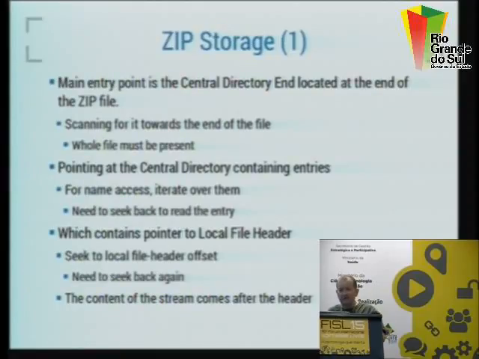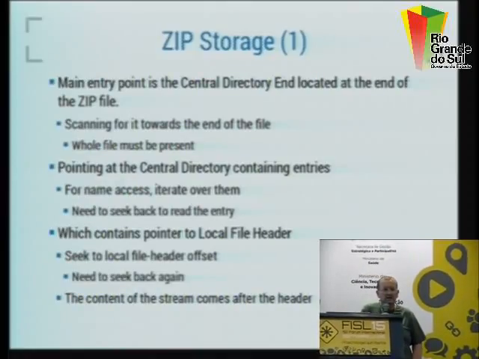So the central directory end is pointing to the central directory that contains entries for each file that is in the zip. For name access, you have to iterate over them, check the name, and then get the pointer to the offset and go there.